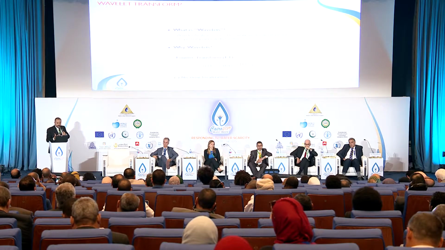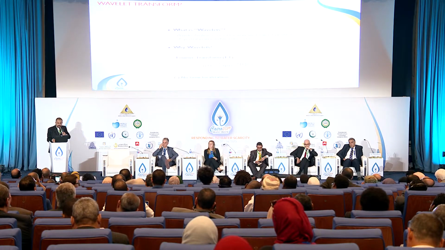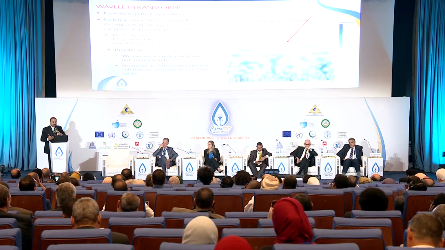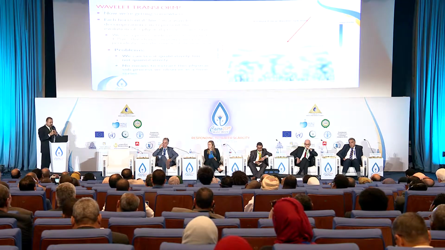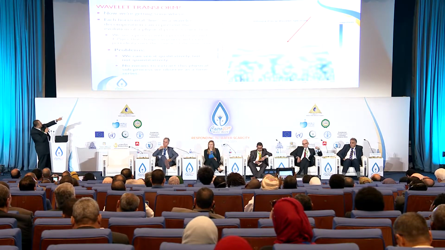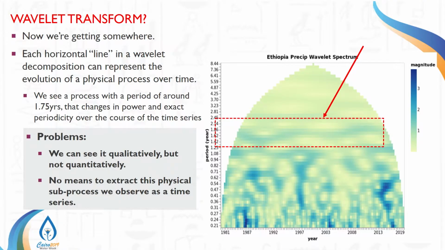So we move into wavelets, where wavelets can be a tool for analyzing localized variations of spectral power within a time series. So we end up with something like this, a plot that Tom showed something similar, where you can look into a band like this, and you can see that each horizontal line in a wavelet decomposition can represent the evolution of a physical process over time.